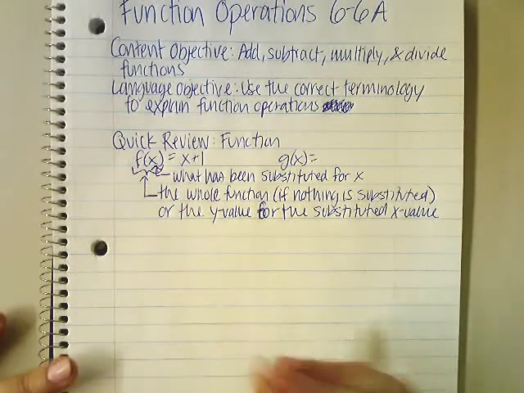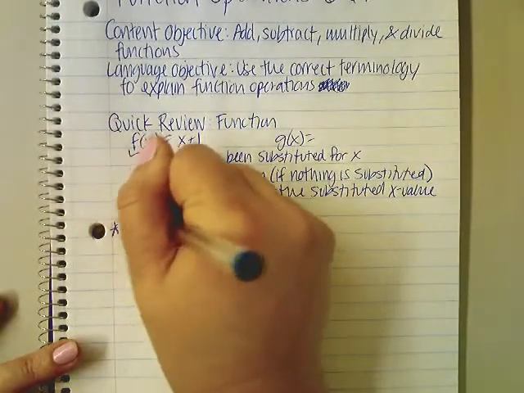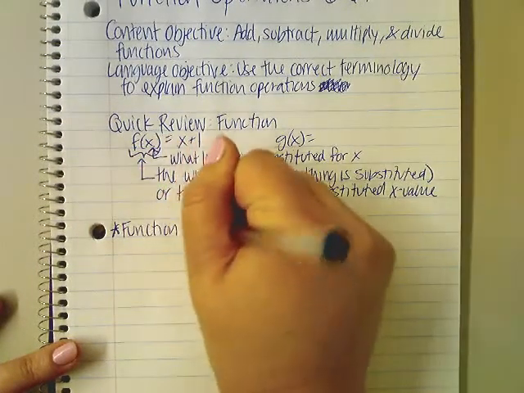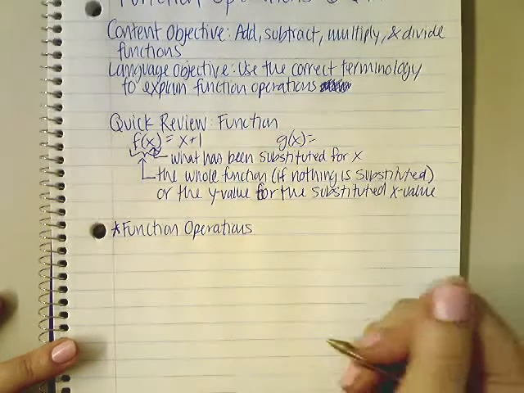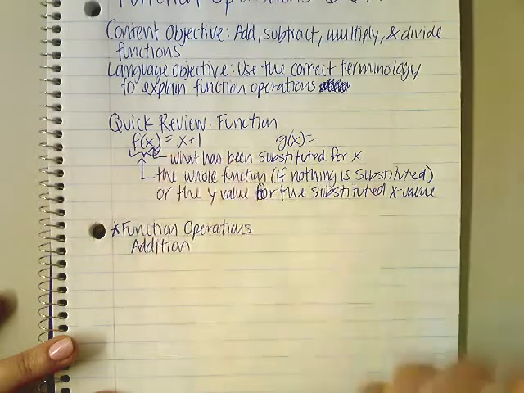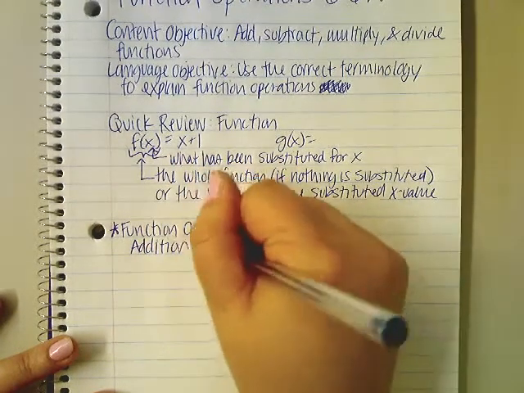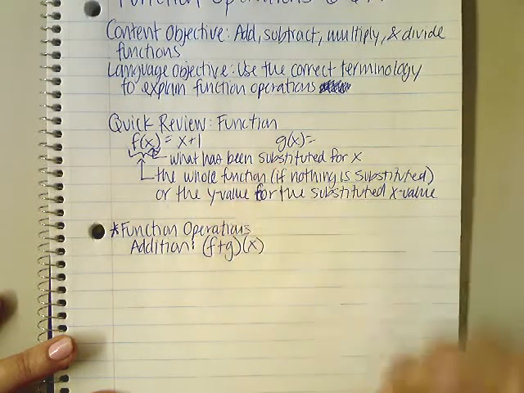So the reason I review that is because what we're going to do today is function operations. So we're going to start with addition with two functions. So if I'm trying to add two functions, I could write it like f plus g of x.